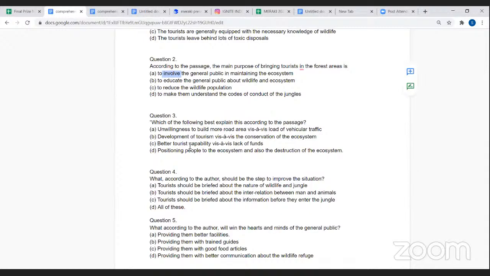Then you go to question 3. Which of the following best explains this according to the passage?